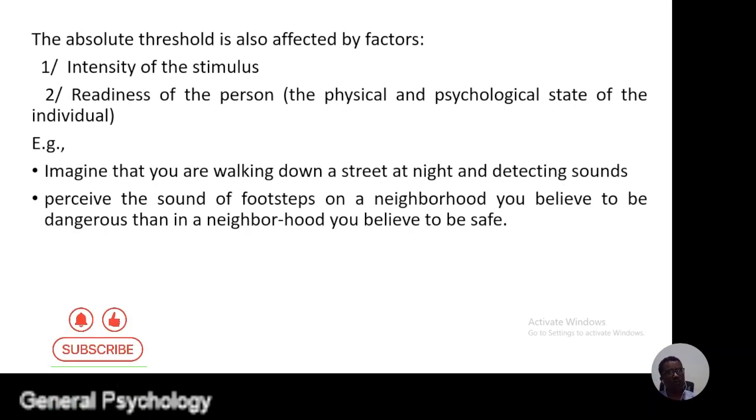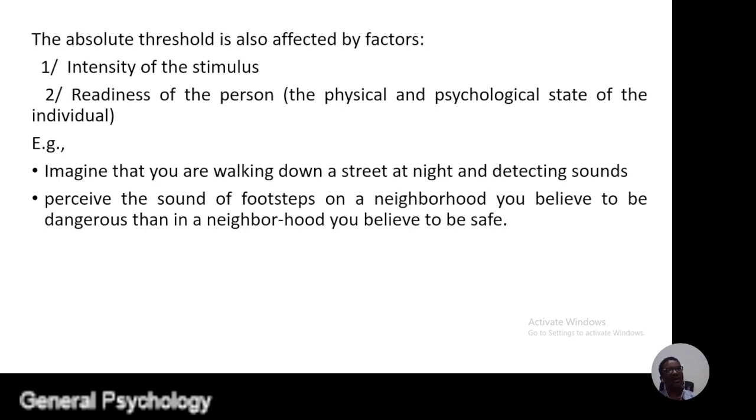So when we move at night or in the evening, if we approach an animal or our neighbor, we feel that we are hearing some sounds or some stimuli.